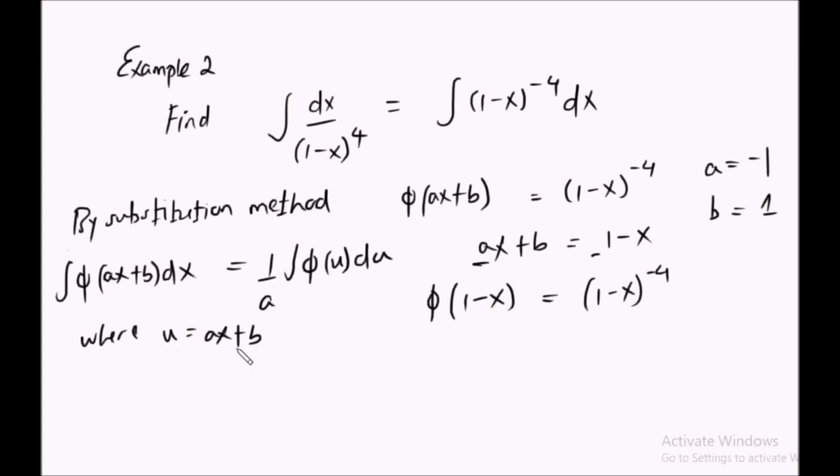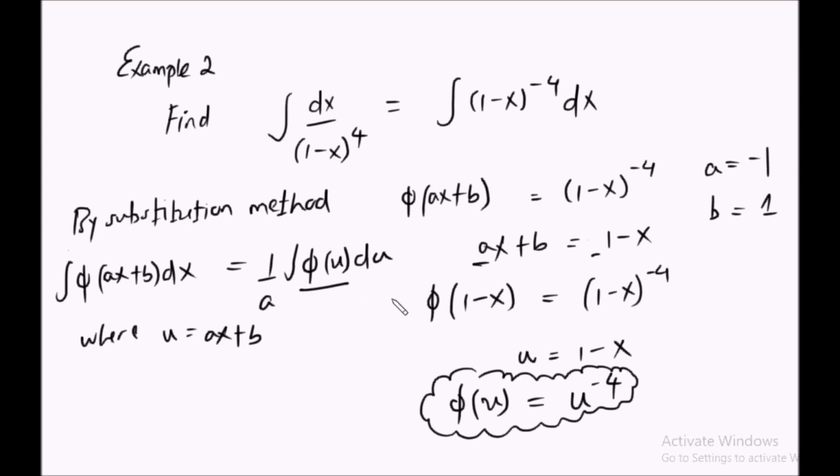So our ax plus b ni nani? Ni 1 minus x. So our u now ni 1 minus x. So our psi of u itakuwa ni nani? So psi of 1 minus x ni 1 minus x power -4. So psi of u is u power -4. Okay, so this one is psi of u.